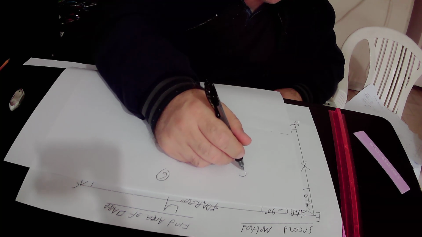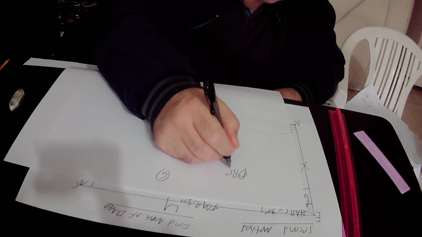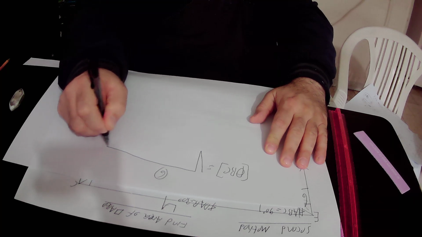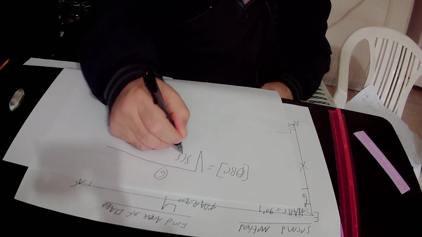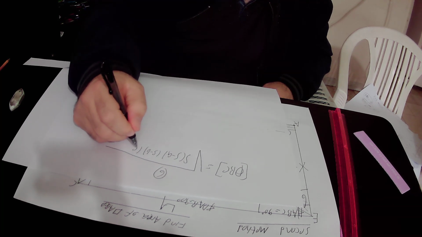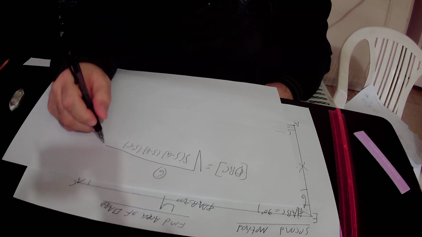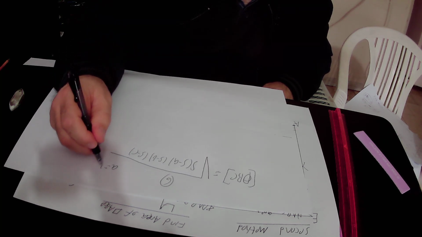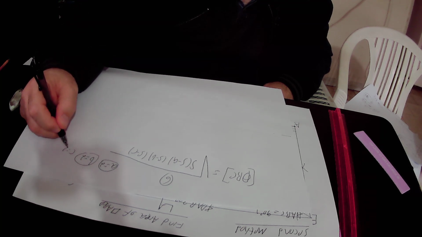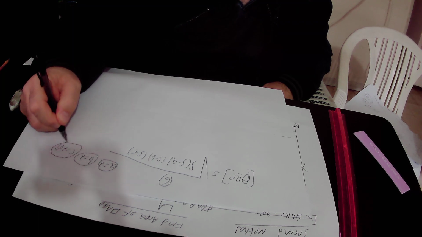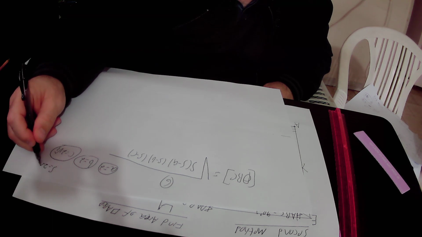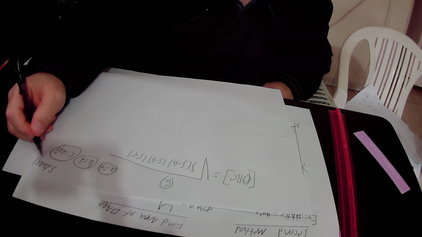The area of triangle DBC will be equal to the square root of S times S minus A times S minus B times S minus C. We know that A equals 2, B equals 2, and C equals 2 times square root of 3. And we already found out that S equals 2 plus square root of 3 units.